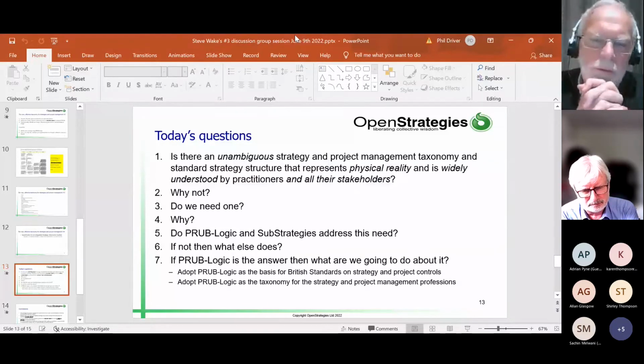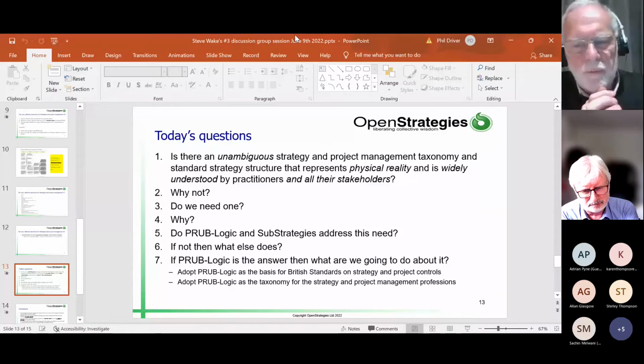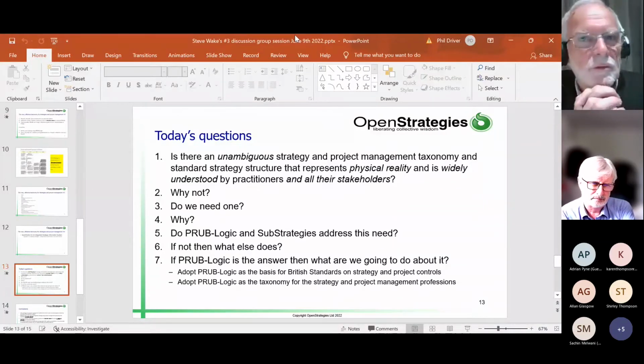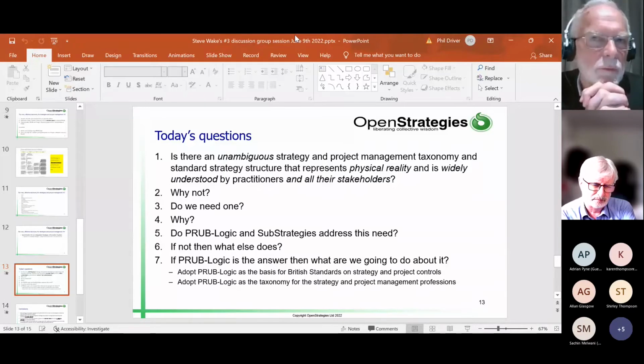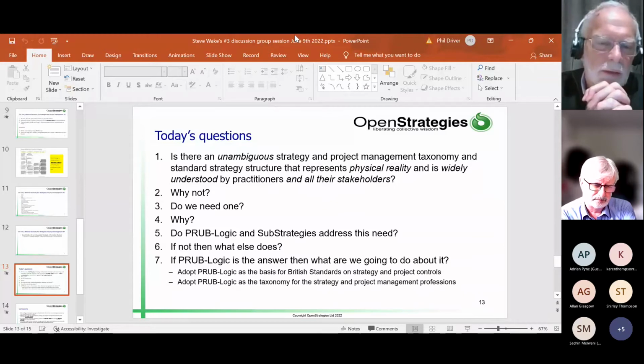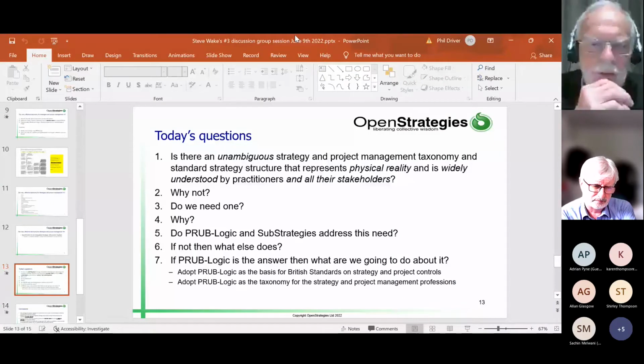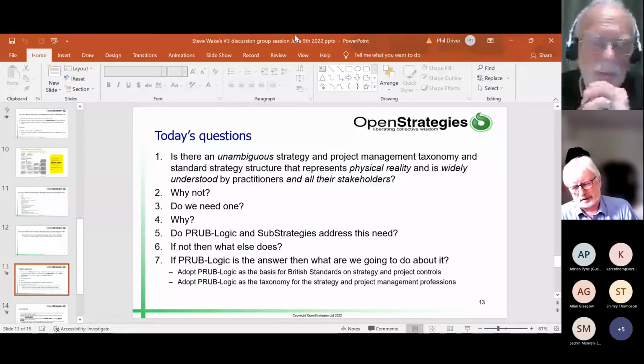For the initial few years with our company Open Strategies, we had a byline of managing collective wisdom, until somebody said to me, no, managing is the wrong word. It's totally counter to your whole philosophy. And liberating collective wisdom was the word that just became an absolute aha moment for us. And what I'm trying to do here, using words like physical reality and so on, I'm not sure I've got the right words on that one. So constant refinement by you guys challenging me is really helpful.